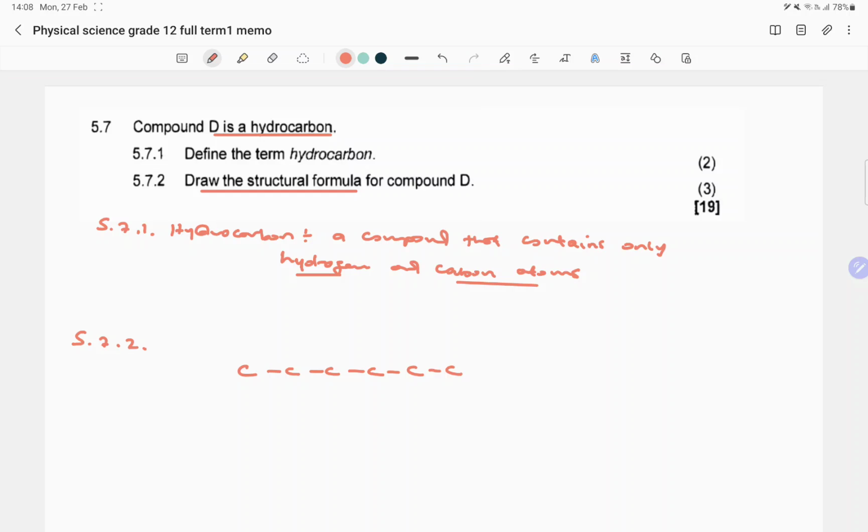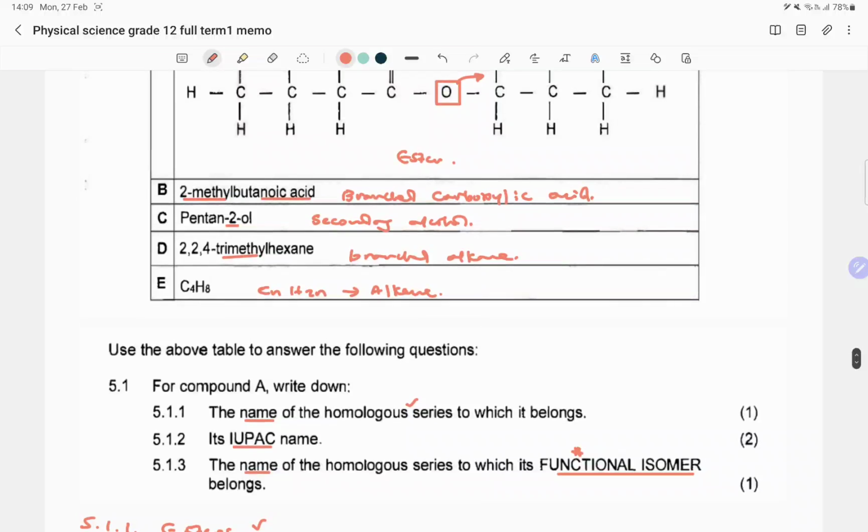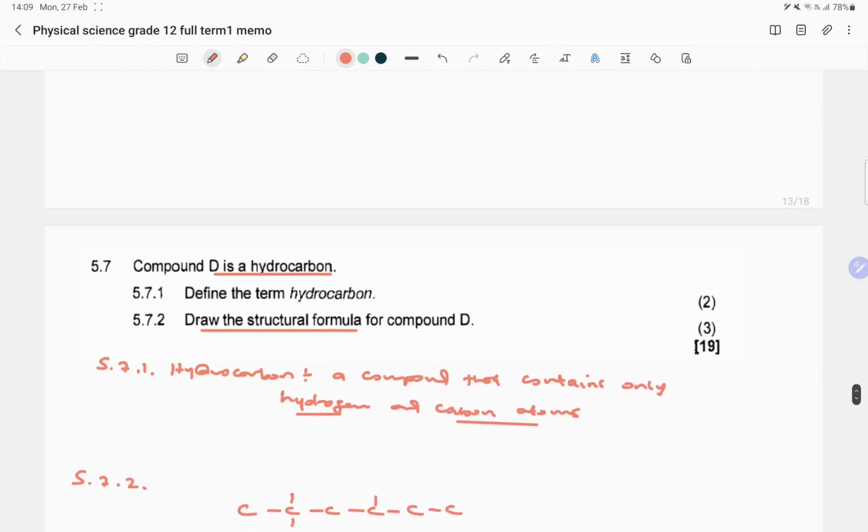Here the functional group is absent. So now we're saying there's 2,2,4. So this is 1, 2, 3, 4. Okay, 2,2,4-trimethyl. So these are methyl groups.